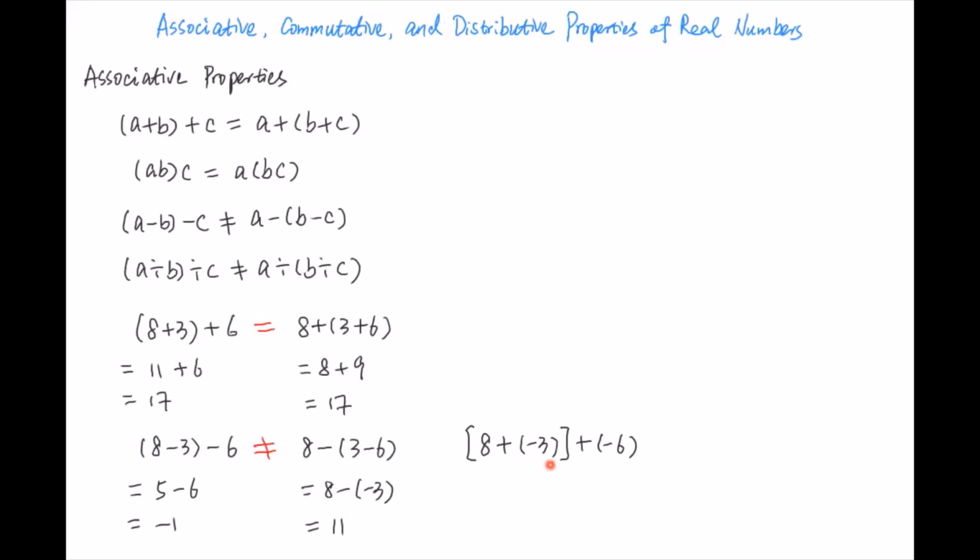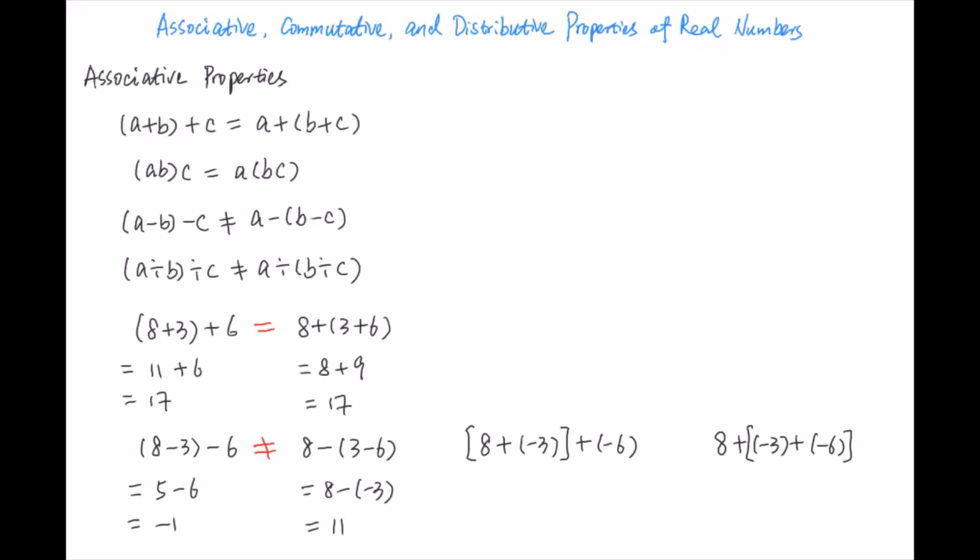Since this expression is addition, we can use the associative property. So here's 8 plus -3 plus -6. Let's verify that these two expressions are identical to each other.